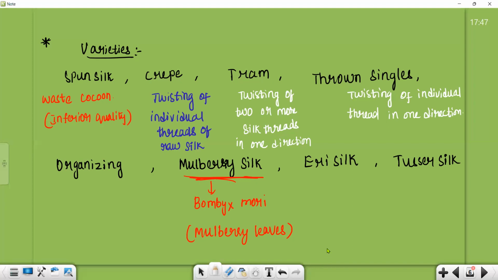In the pupa stage, this worm will die. No, ma'am. In mulberry silk it dies, but in eri silk, when it's making the cocoon, it leaves some gap so that after the pupa stage it comes out, and then they take it. Actually, I have to look over this concept about eri silk.